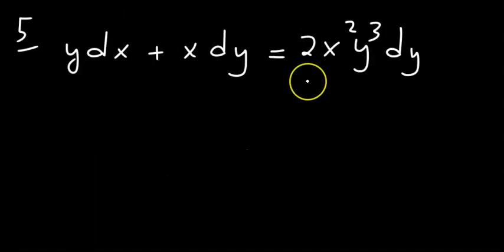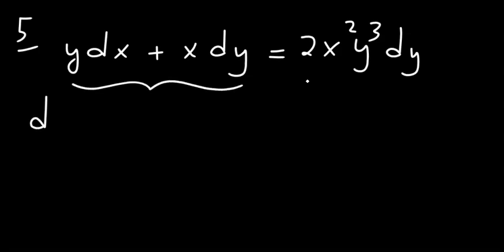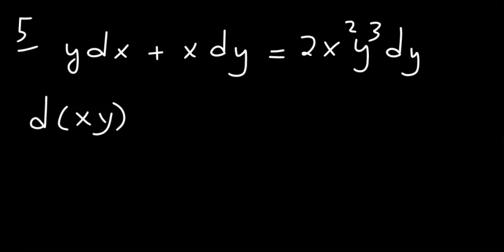Example 5. We have seen before that the left-hand side can be written in a form of differential in such a manner. It is just the differential of xy that would give you the left-hand side. However, the right-hand side contains both x and y attached to the differential of y.